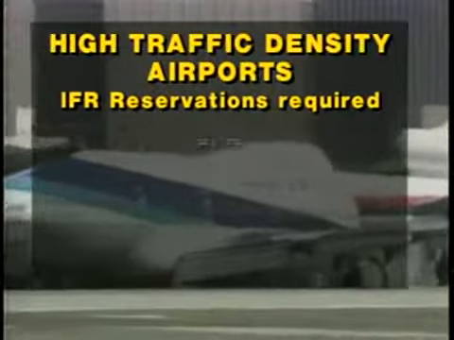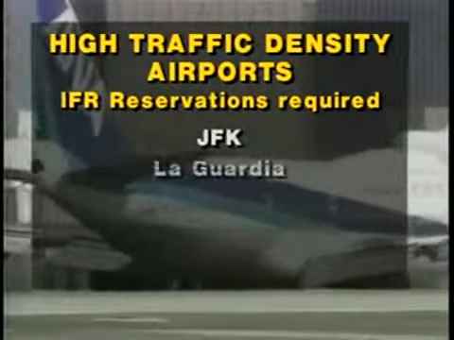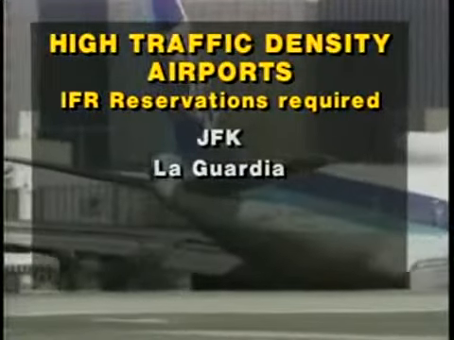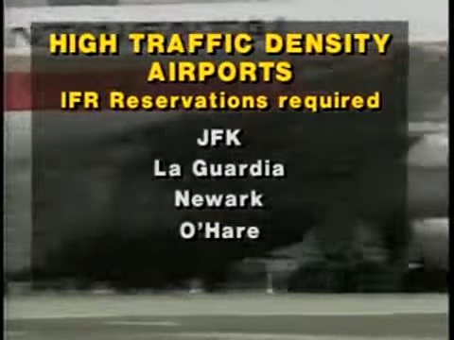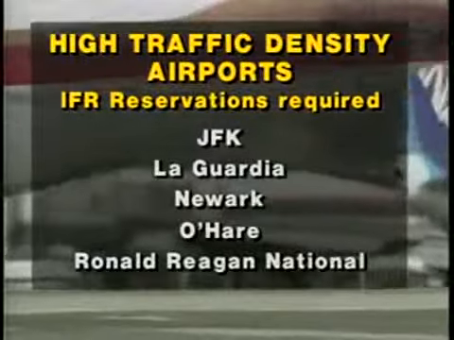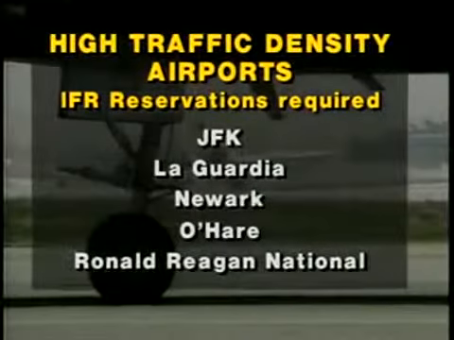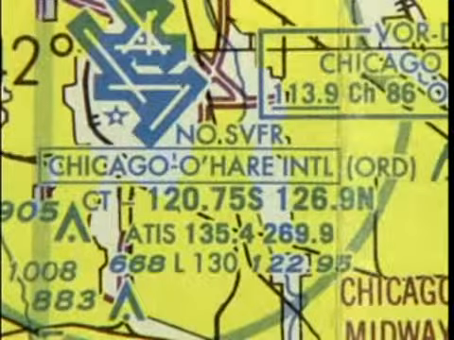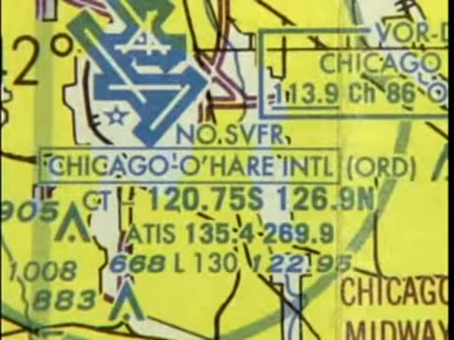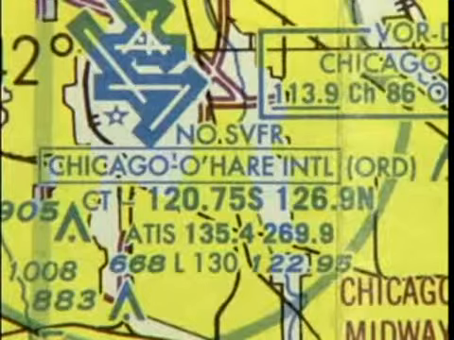This includes airports like JFK Airport and LaGuardia in New York, Newark Airport in New Jersey, O'Hare Airport in Chicago, and Ronald Reagan National in Washington, D.C. So for airports like these, that box around the airport name means that it is a high traffic density airport, and you're going to need an IFR reservation slot for either an arrival or a departure.